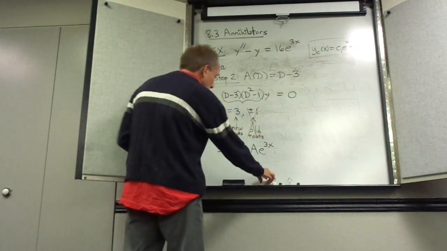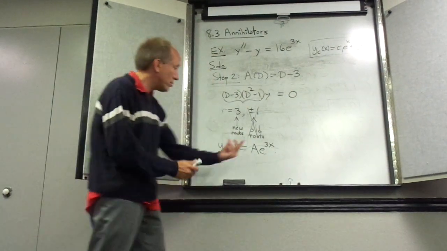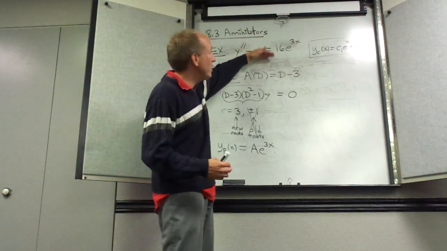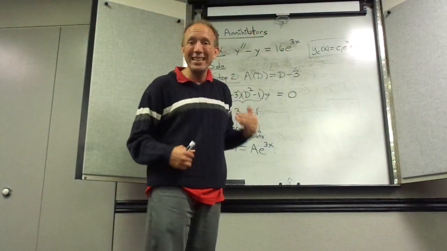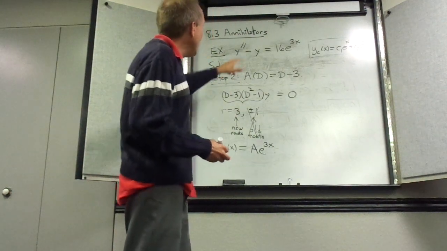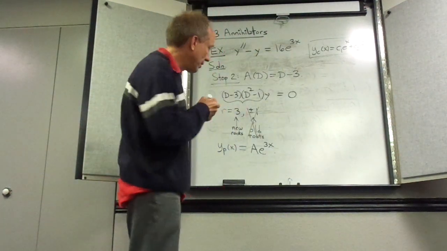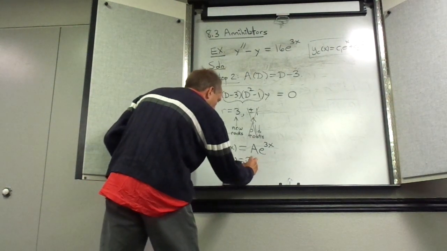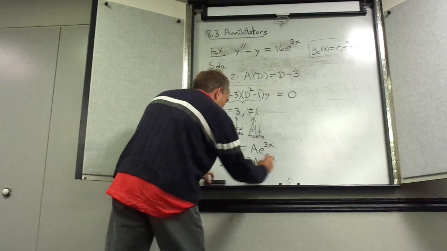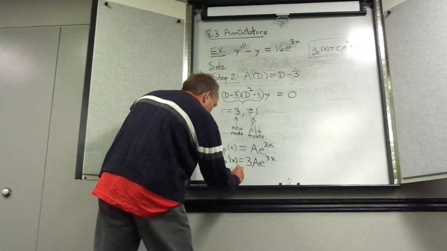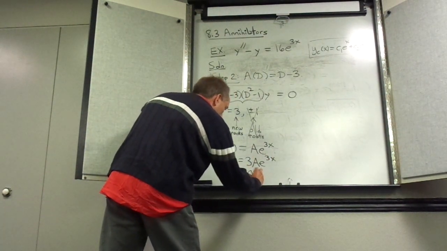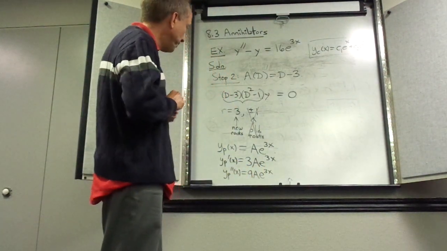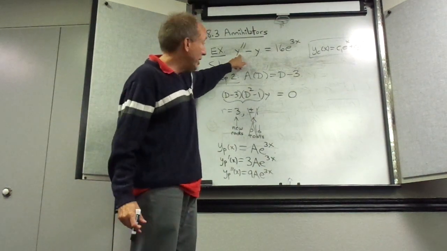So what we can do is plug in what we call our trial solution right here. We can plug it back into the original differential equation and use that to figure out what A is. If I take two derivatives of this, I'm going to be pulling down a couple of factors of 3. I'm taking two derivatives because I want to plug in for y double prime right here.